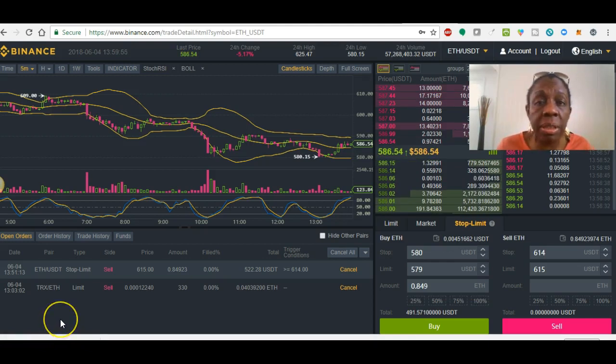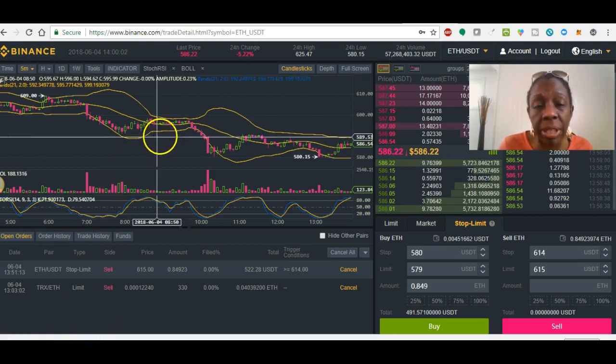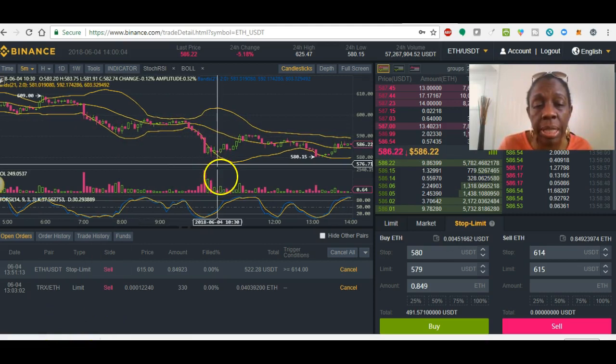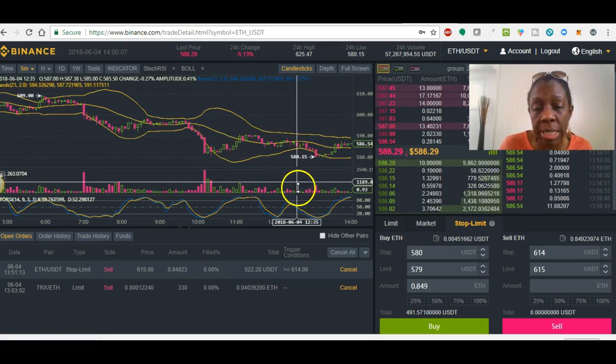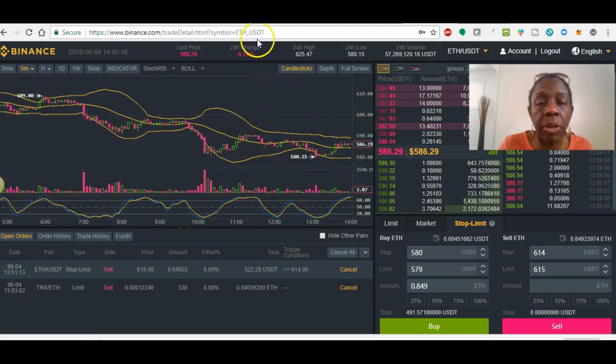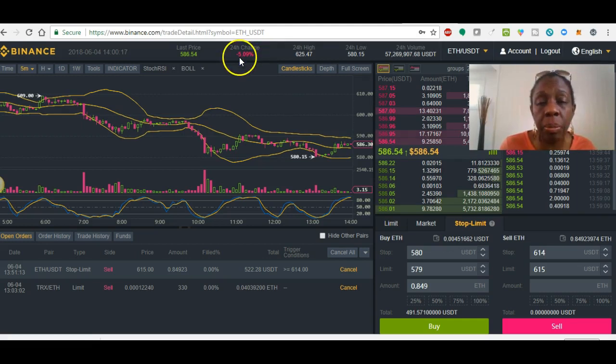Now, this method of trading works on a coin that has high volatility. And by high volatility, I simply mean we've got this oscillation, this movement up and down over a time frame. Now, if you look at the top here, it says 24-hour change. And that means over the last 24 hours, the price of Ethereum has come down by 5.09%.